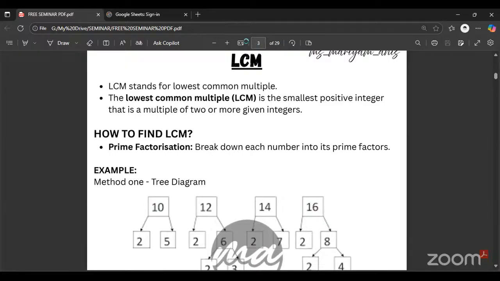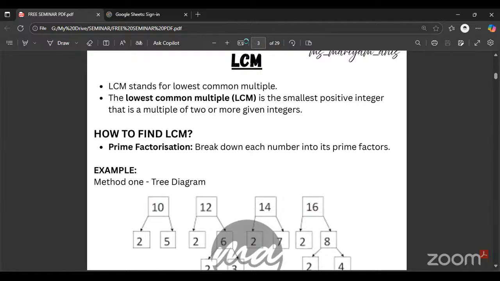Multiples means multiplication. All of you would know multiplication tables, because even in grade 5 or 6 you have to know them, right? So what is LCM? The positive integer which is common between two or more numbers. That's what is known as LCM.